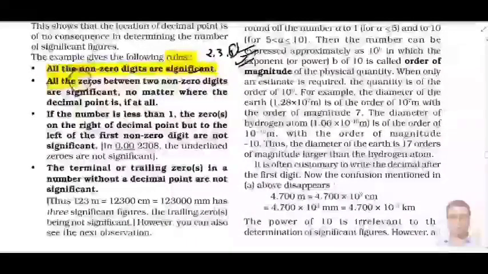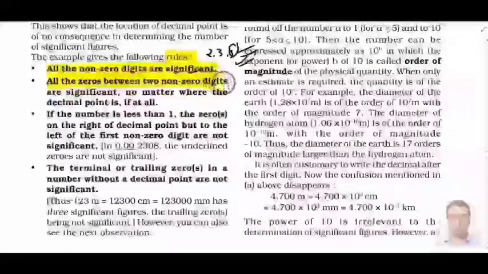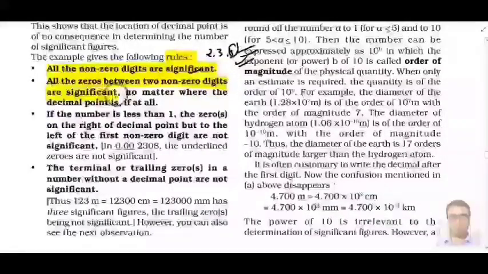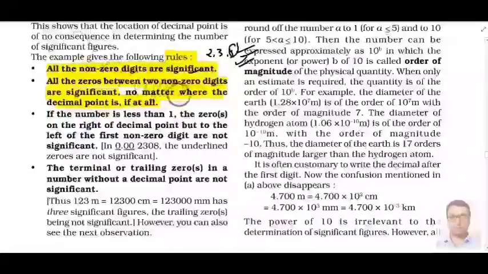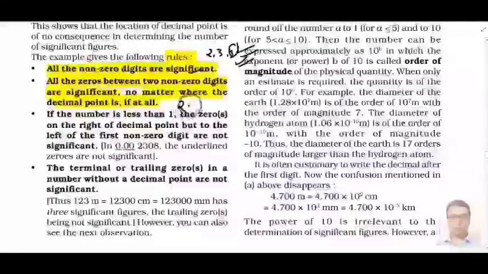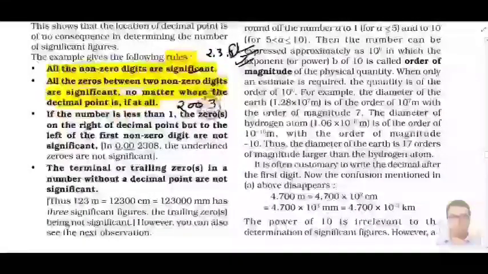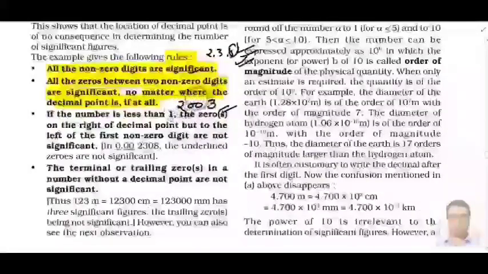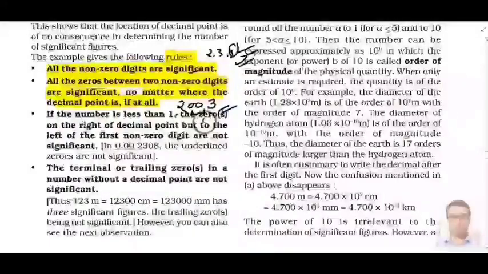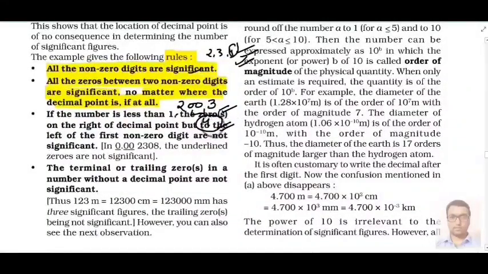Second, all the zeros between two non-zero digits are significant, no matter where the decimal point is. Whenever you see any zero between two non-zero values, it will be counted as a significant digit. They will be treated as significant if they lie between two non-zero values.